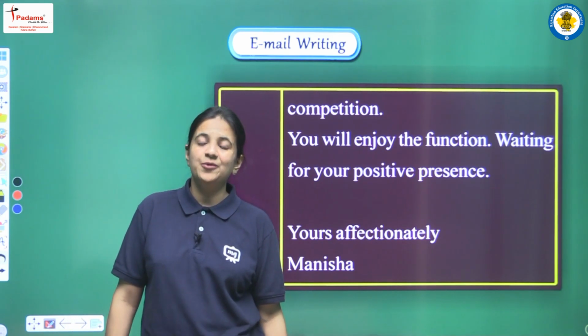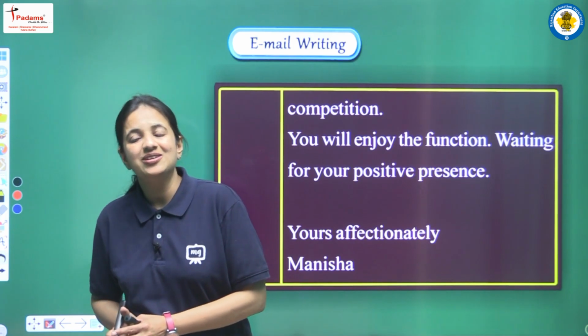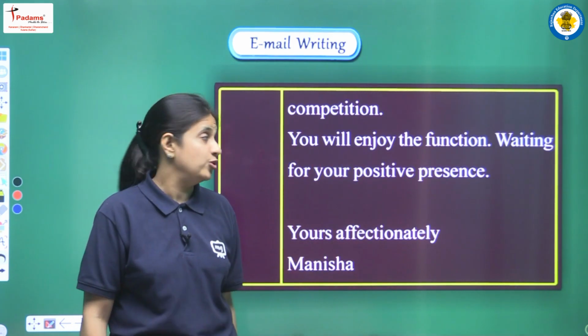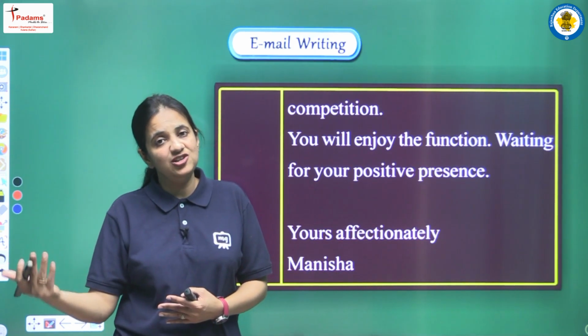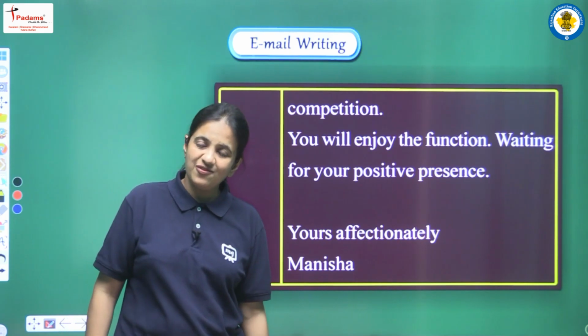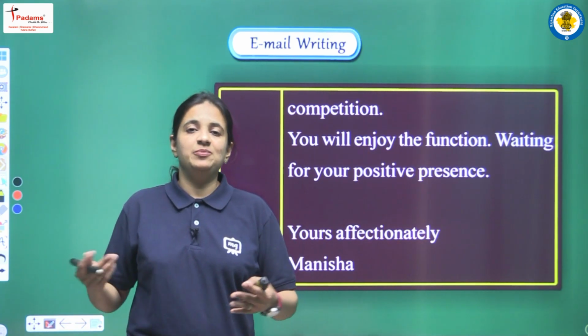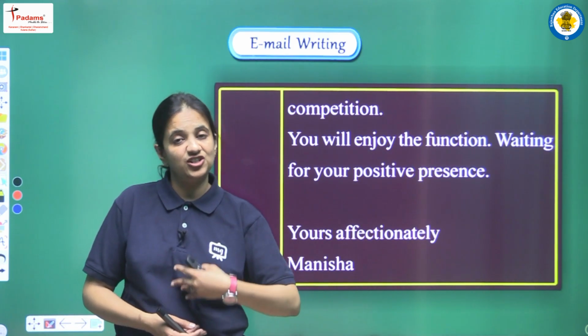So yes, we have given a perfect detail, all the things we have covered in our email. And finally we are repeating this thing one more time, that you will enjoy the function, and why he or she will enjoy the function. So that detail we have already provided, that there will be so many performances, it will be a great show, and yes, we have talked about our participation also.